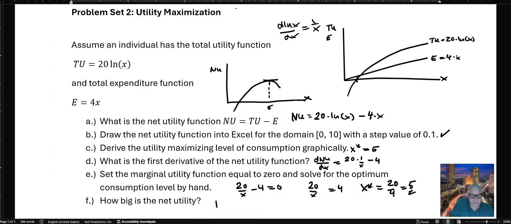So the net utility in the optimum is about 12.19. That was the first example. I'll stop here and we do another one in the next video. I hope to see you there.